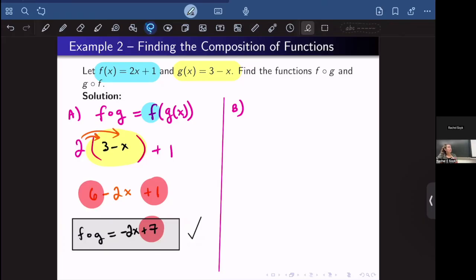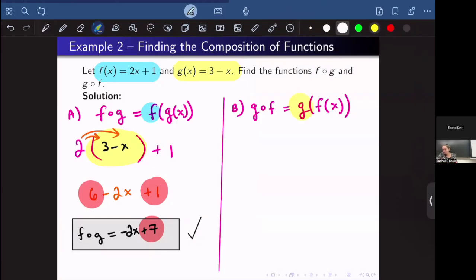Part B, it switches. And now you're looking at g of f, also known as g circle f. So your parent is now g, and your child is f.